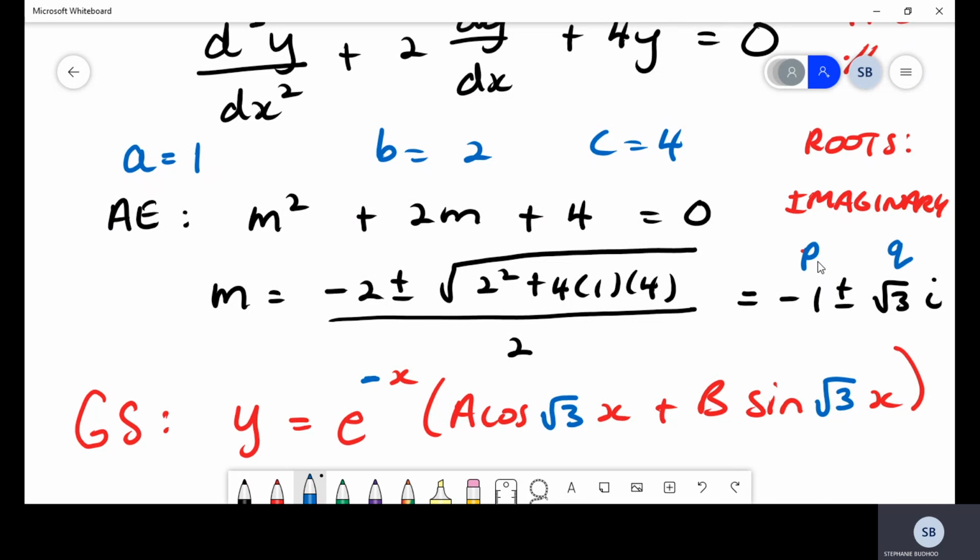There are 3 different types of situations that you may encounter, and each takes a different general solution. Take your time, review this video. You can start back from the beginning. You can take it slow, but I hope that at the end, you are able to successfully understand the 3 different types of homogeneous second order linear differential equations. And at the end, take a deep breath and say, yes, I did it.